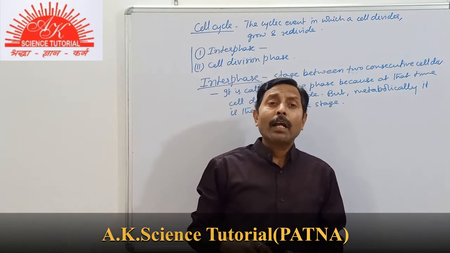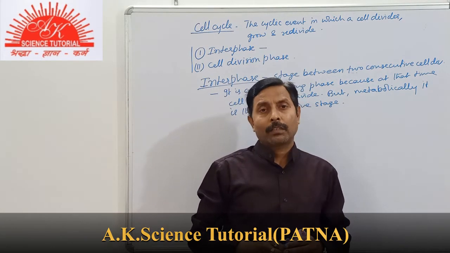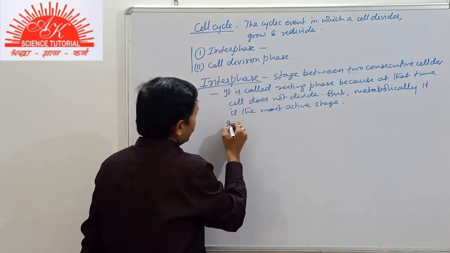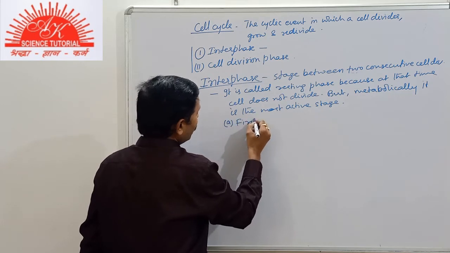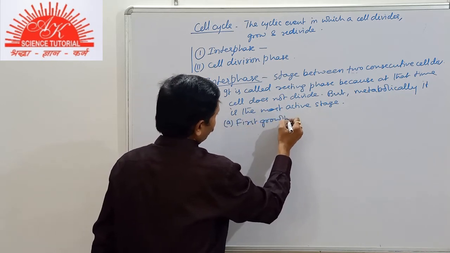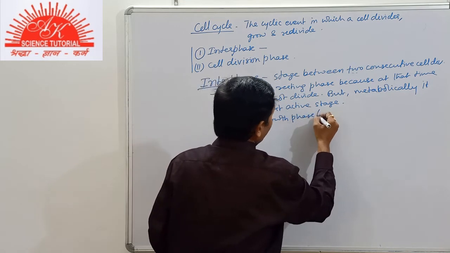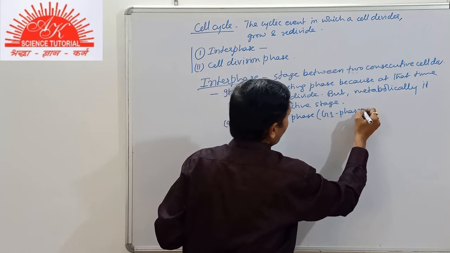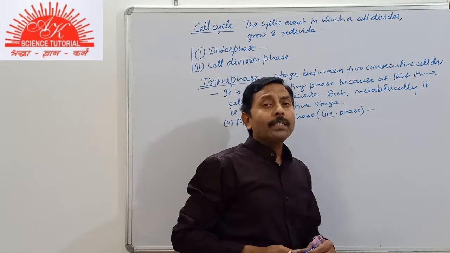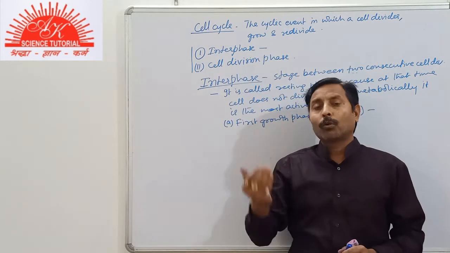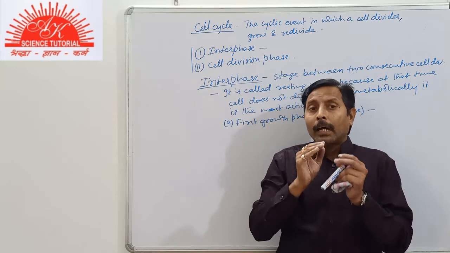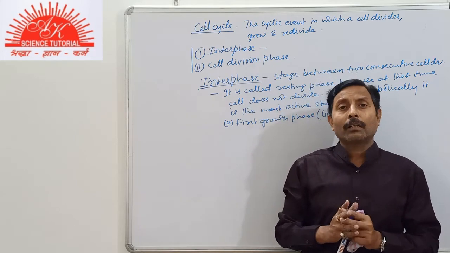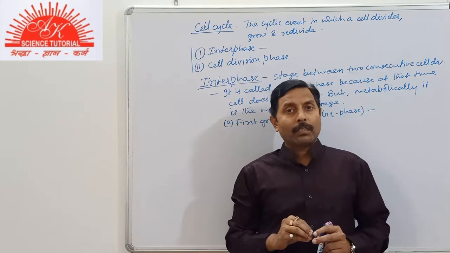Now interphase is divided into three stages. The first stage is the first growth phase, in short written as the G1 phase. As the name suggests, a newly formed cell or daughter cell at the end of cell division will be very small in size.